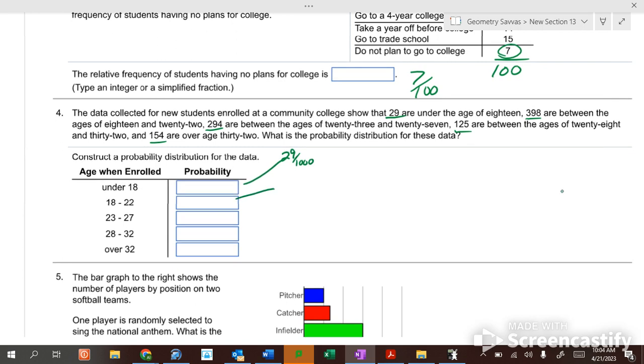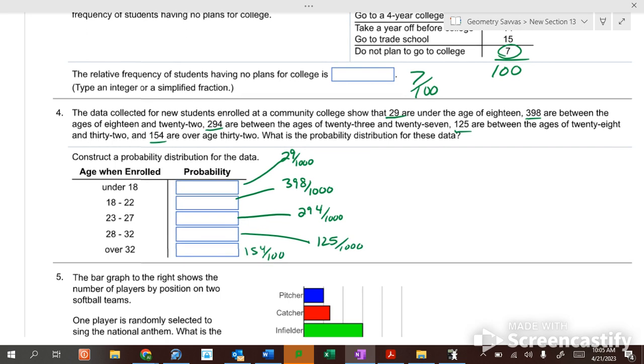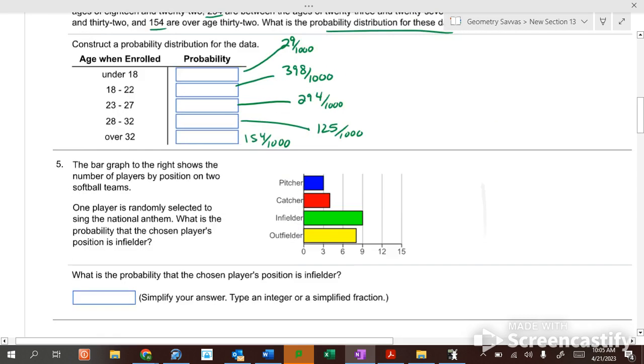For 18 to 22, it's 398 out of 1,000. Here, it's 294 out of 1,000. 28 to 32 is 125 out of the 1,000. And this one is 154 out of 1,000. So you do not have to reduce when it asks for a probability distribution.